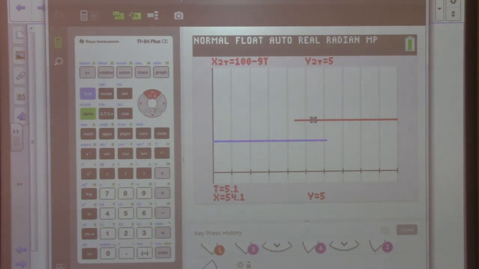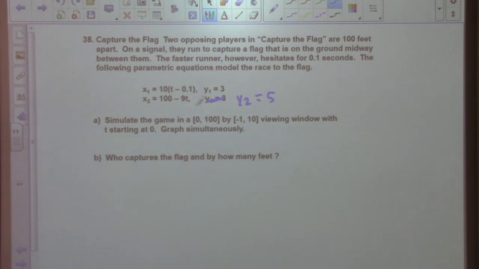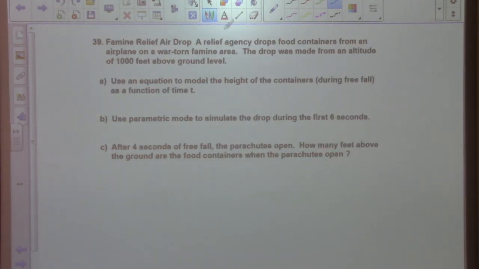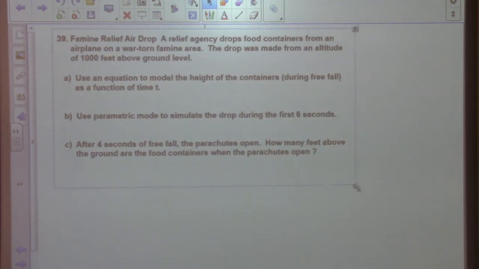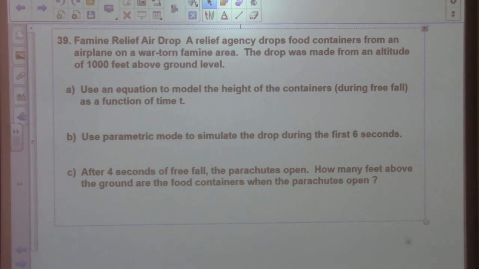I want to do one more problem on here before we get to parametric equation sports problems. And it's going to be this one right here. Okay. On problem 39, they're not giving us an equation, are they?